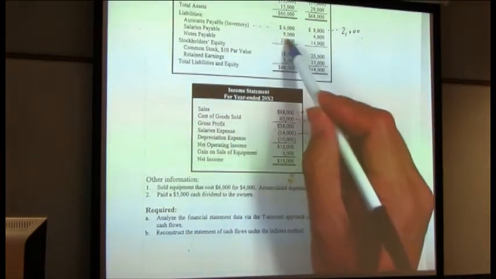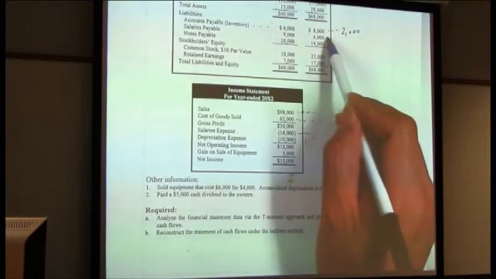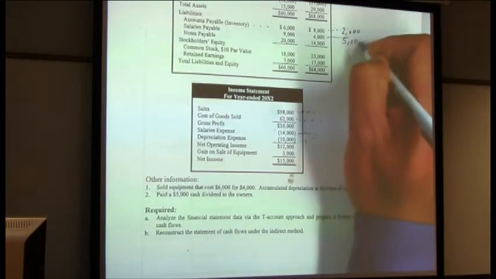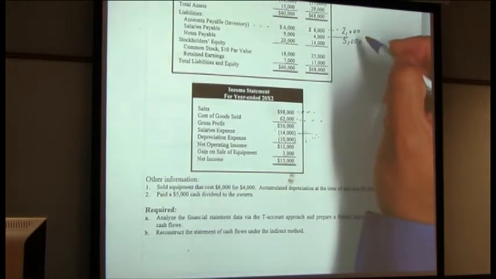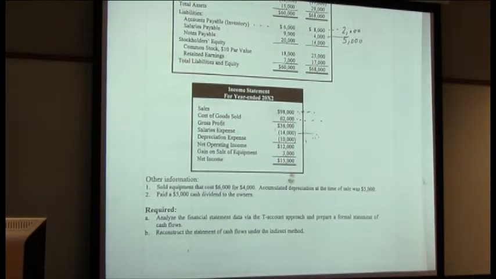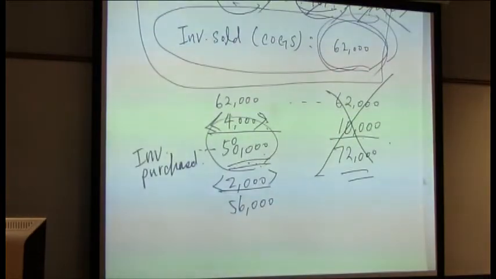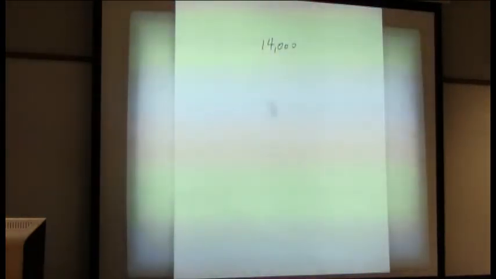So how do you go about doing that? Salaries payable is increased or decreased? Decreased by how much? 5,000. So should we add or subtract? What's the number I'm starting with? Well, same pattern, right? I'm starting with 14,000. Everybody else? Right?